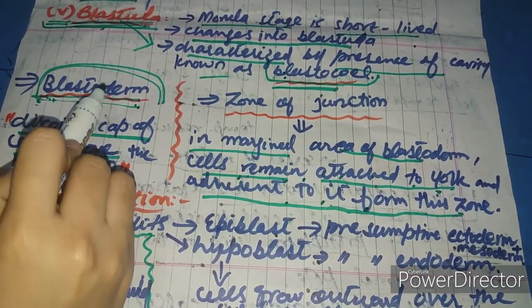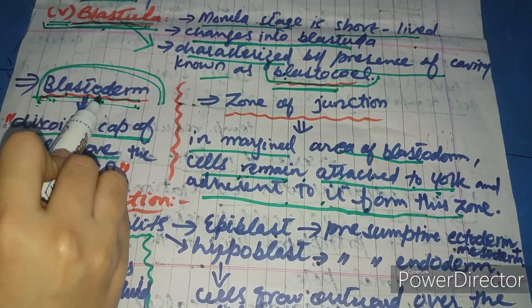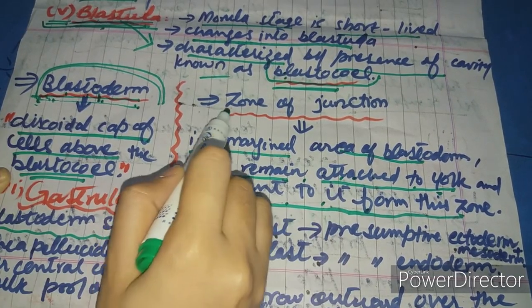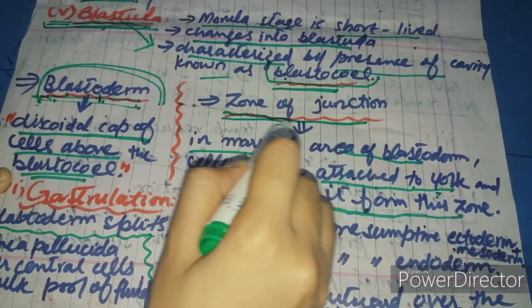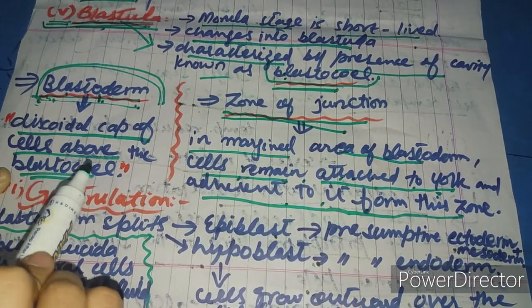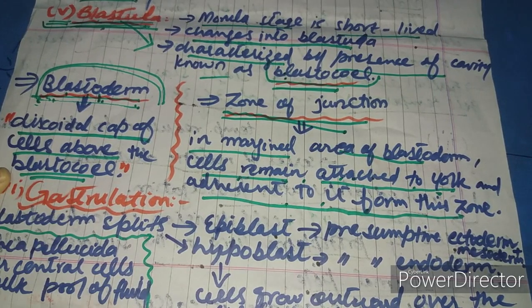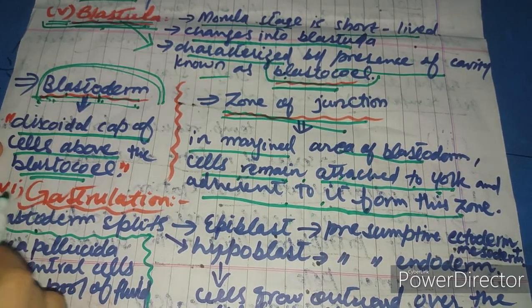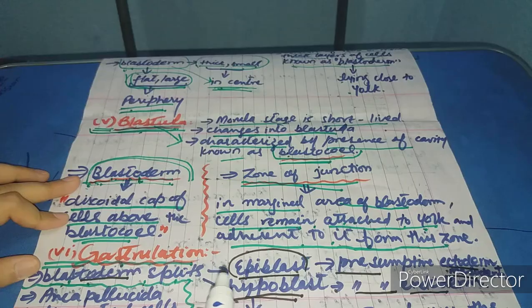These marginal cells of blastoderm which are attached to the yolk form what is known as the zone of junction. At this stage our blastula stage ends, and we move towards our next stage, which is known as gastrulation.